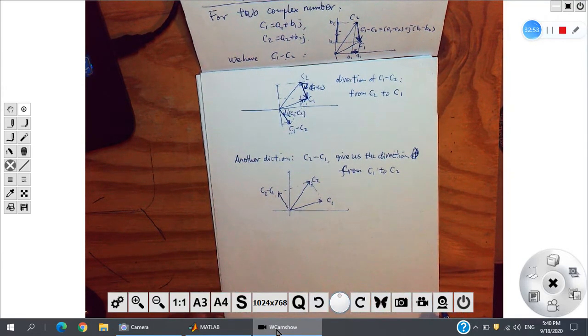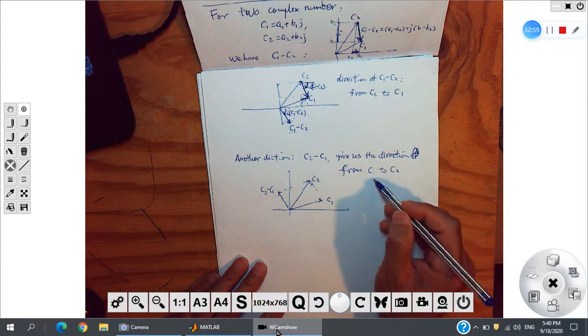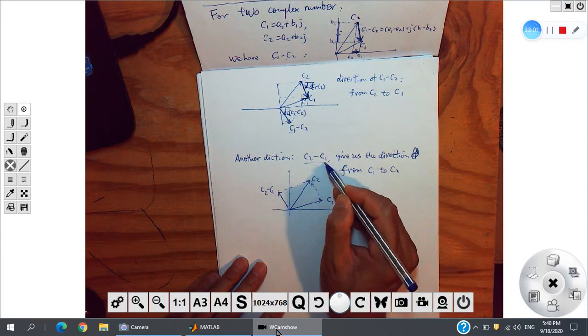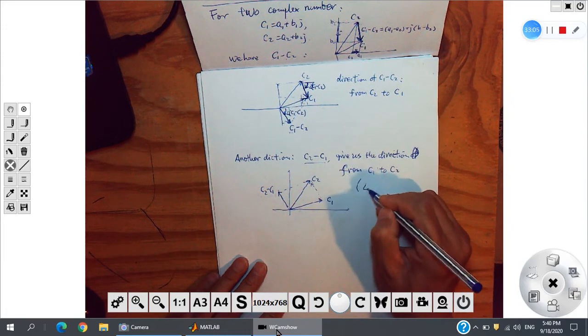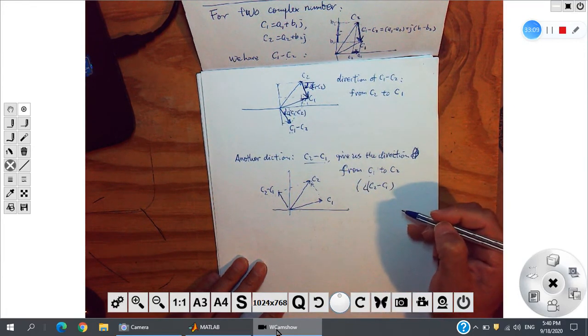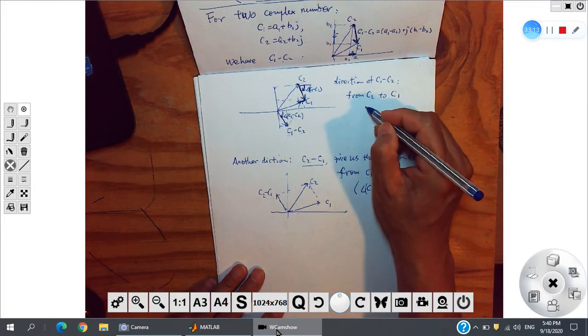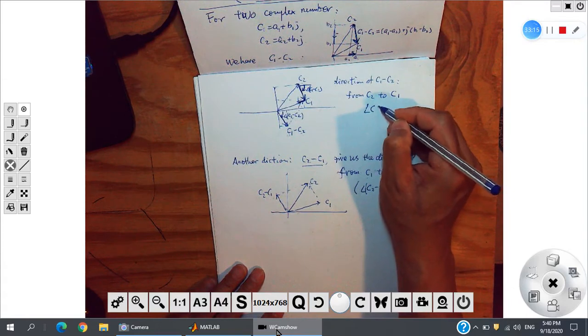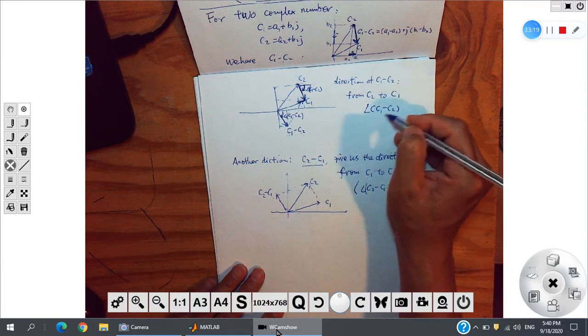So we can use the angle of this to give the direction from C1 to C2. That is the angle of C2 minus C1. And the direction from C2 to C1 is the angle of C1 minus C2.